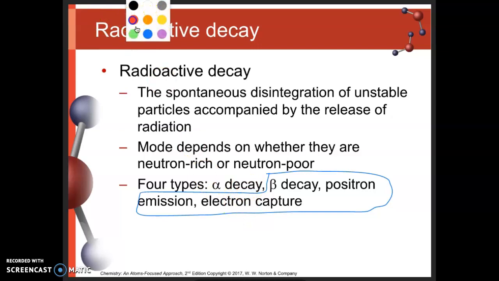The other type of decay, alpha decay, comes primarily when we have heavy isotopes where their atomic number is greater than 83. That's where we're going to see alpha decays primarily. That's not a neutron rich or neutron poor problem, it's just a mass problem. Once we get past bismuth, it's kind of impossible for stable nuclei to form.